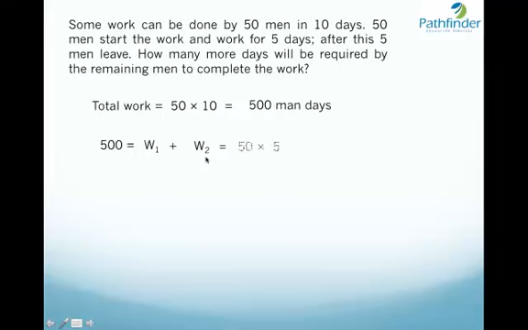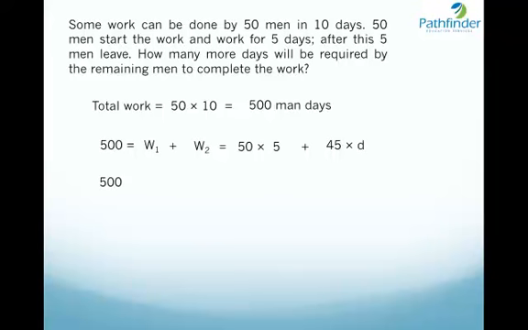So work done in the first segment, 50 men work for 5 days, plus work done in the second segment, 45 men work for D days, because we do not know how many days will be required by 45 men. We reduce the number of men, so the number of days is not known.